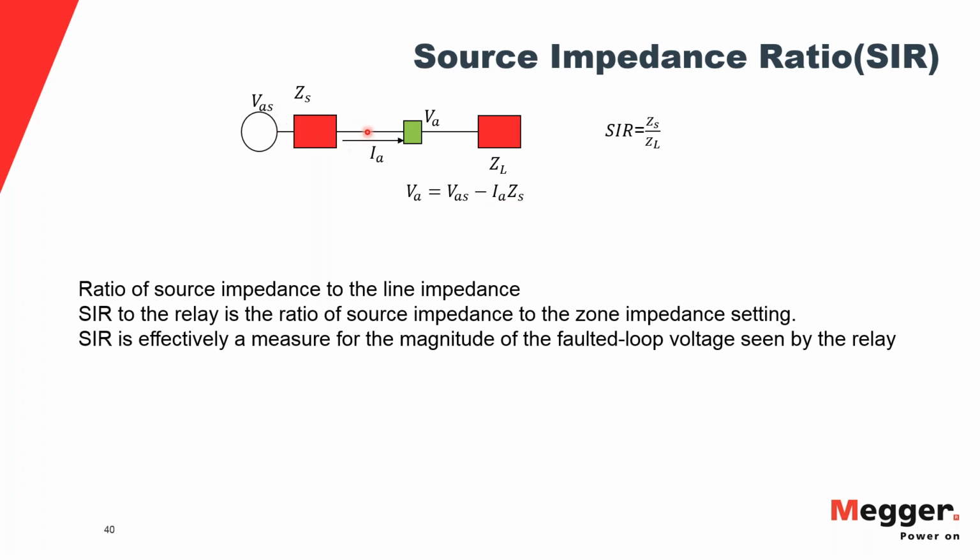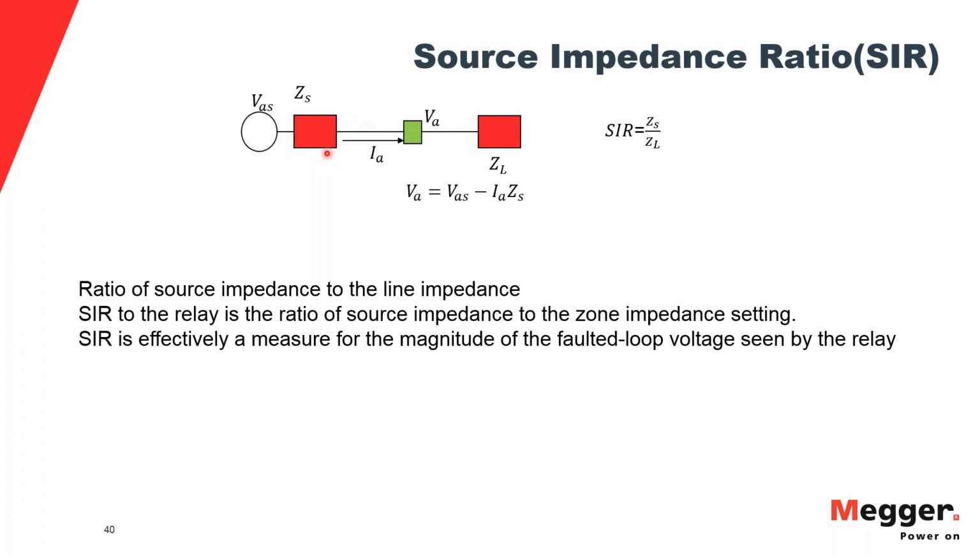Remember, this current depends on several things, but the current is going to be higher the closer the fault is to this point here. Correct? Because you're going to have less of the impedance of the line in between this point and the fault. So the higher the current that circulates, the lower this voltage is going to be. And the higher this impedance for the same current, the lower this voltage is going to be.